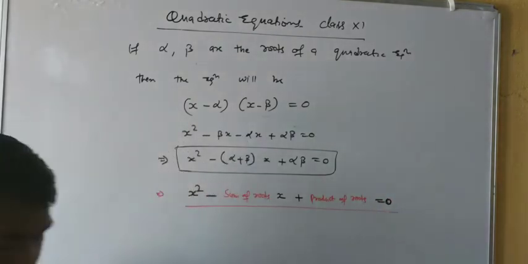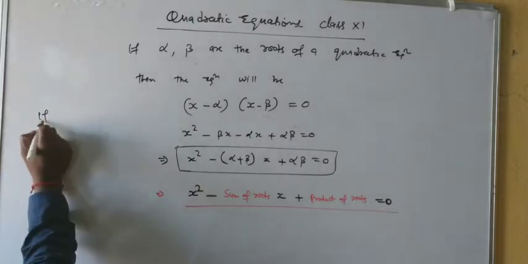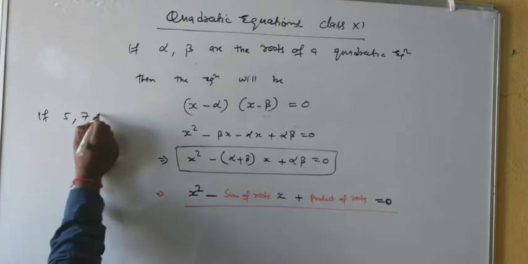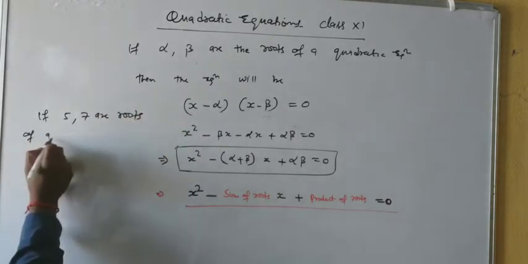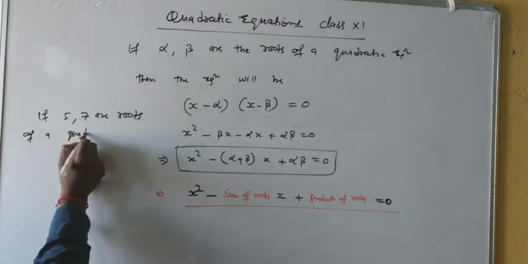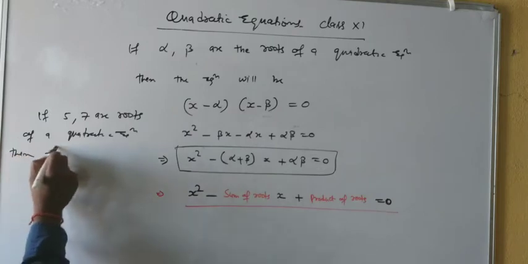By taking an example, if 5 and 7 are roots of a quadratic equation, then find the equation.